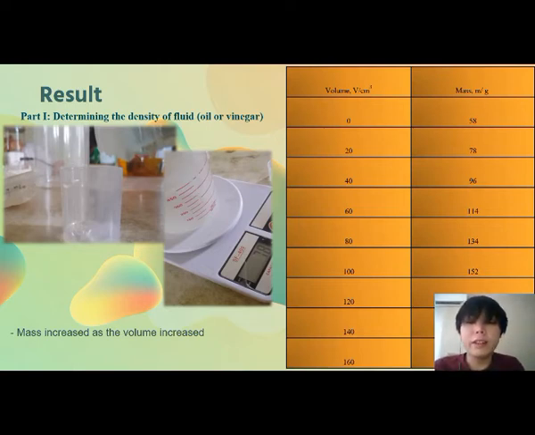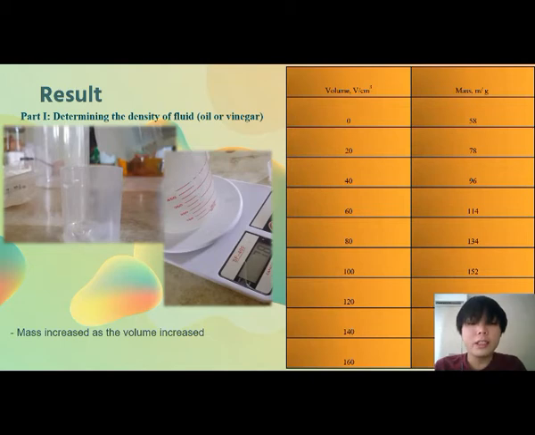After we add the vinegar, we consistently add 20 cm cube each time until we got 7 recorded results. So 20, 40, 60, and 80, and the masses we get are 78, 96, 114, until the last, 116. The result increases each time.